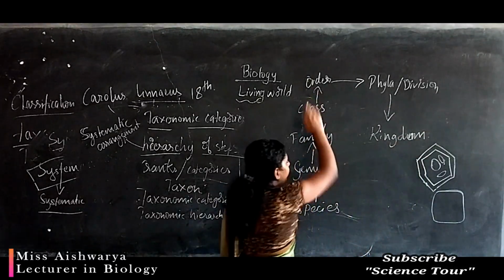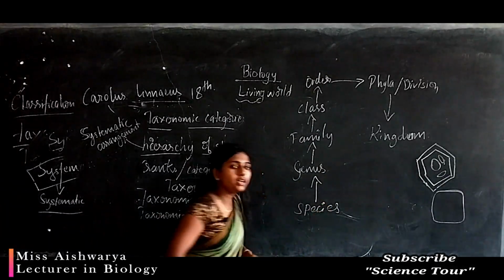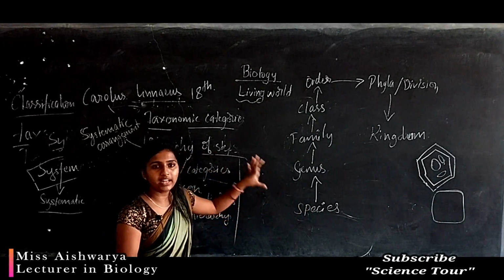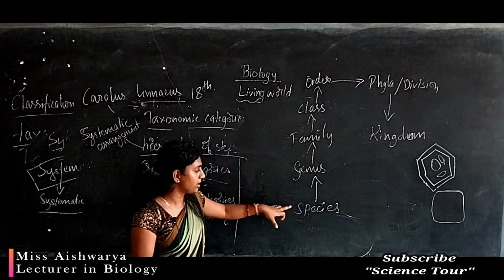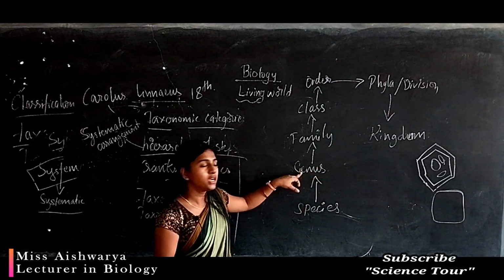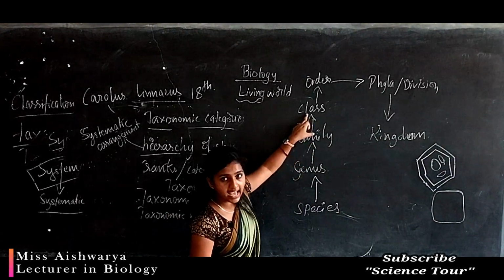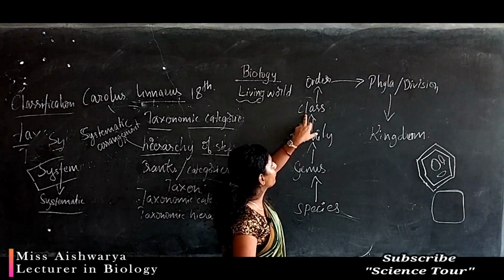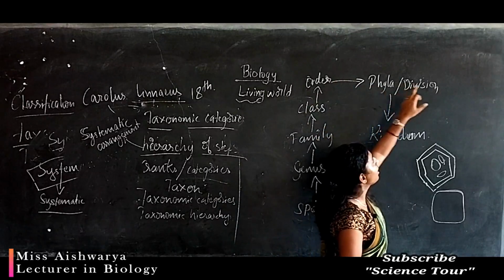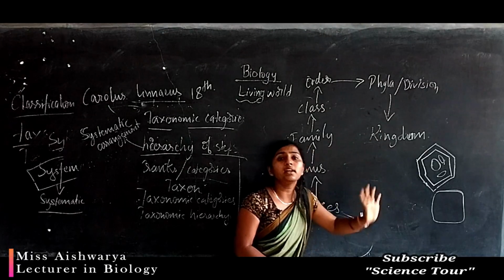These are the different categories which are very important for the taxonomic study. These categories we have made in order to classify a particular type of organism. First comes species, next genus, group of species form genus, group of genus form family, group of family will form class, and group of class will form order, and group of order will form phyla or division, and group of phyla will form kingdom.